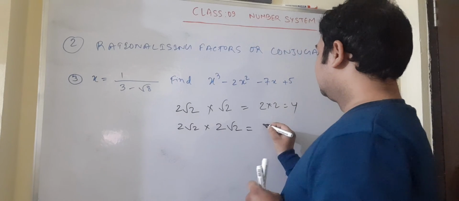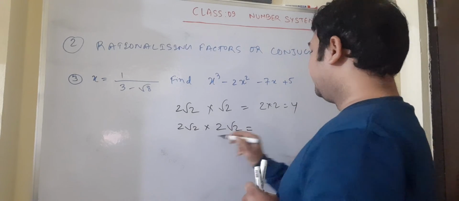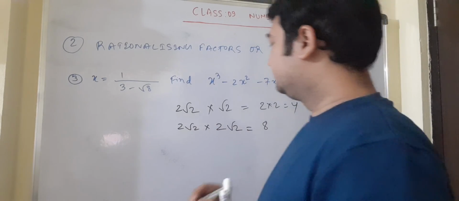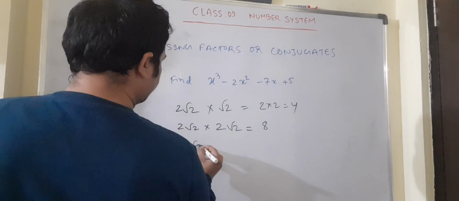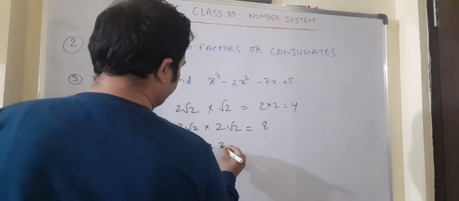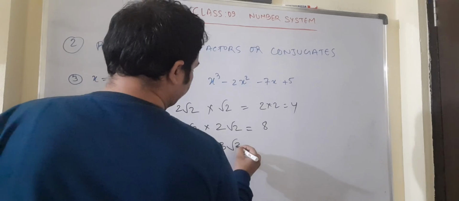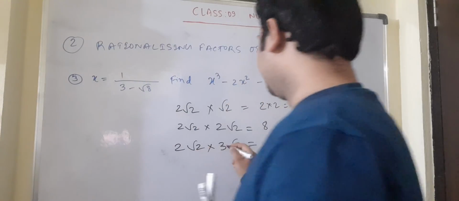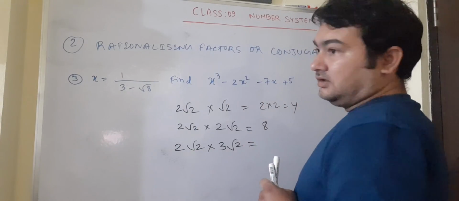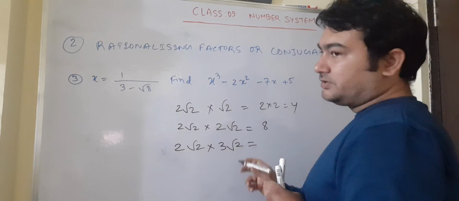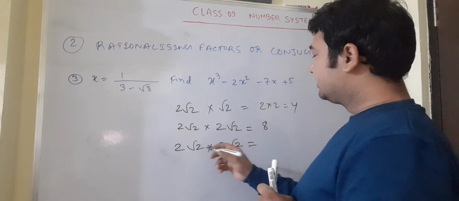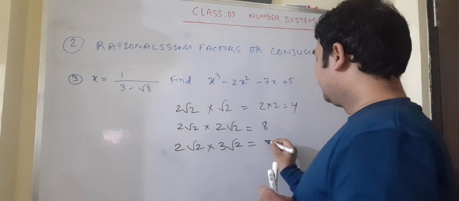Here you will get 4 into 2, which is 8. You can multiply this given number 2 root 2 by 3 root 2. This will give you 2 times 3 is 6, and this 2 will come out of its root and get multiplied, so 6 times 2 is 12.